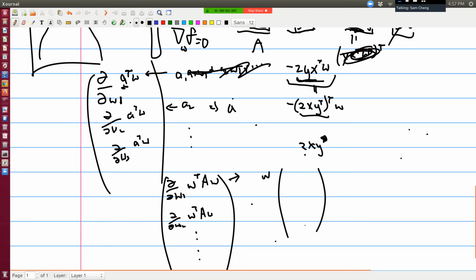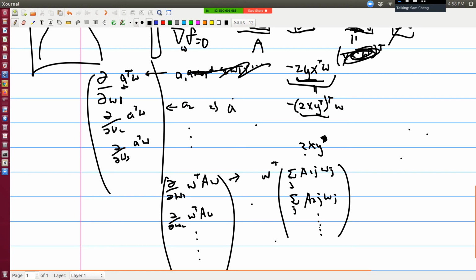AW will be something like the sum over j of A1j Wj, then the sum over j of A2j Wj, and I have a W transpose here. Does it make sense to you?